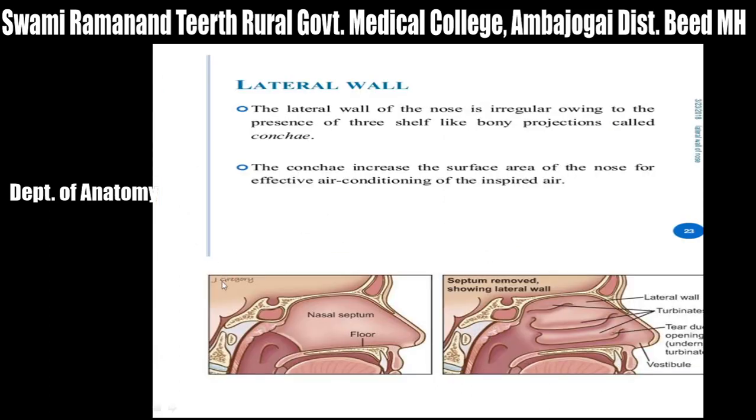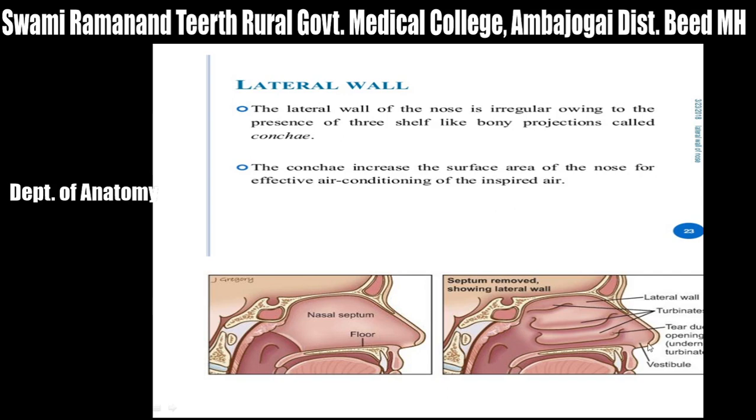You can see that this lateral wall is showing many shelf-like projections, and it is irregular. Due to that, there will be an increase in the surface area of the lateral wall of nose, and this will be helpful for effective air conditioning of inspired air.